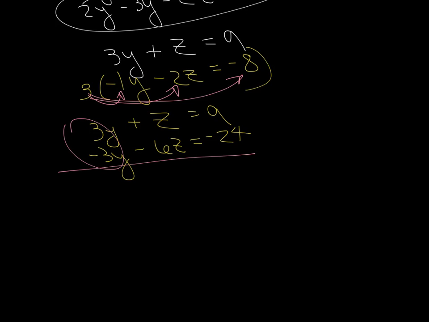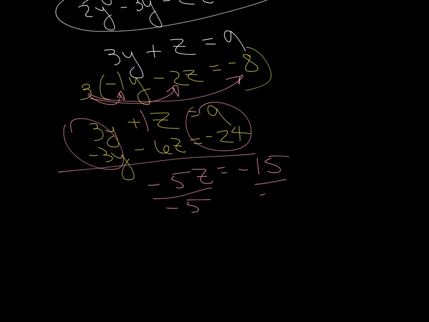Now when I add, those go away. So I have a plus 1z minus 6z is negative 5z equals 24, and 9 is going to give me a negative 15. Divide by negative 5, divide by negative 5, and my z then equals a positive 3.